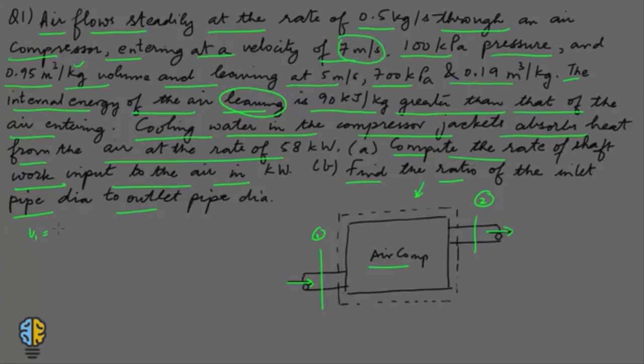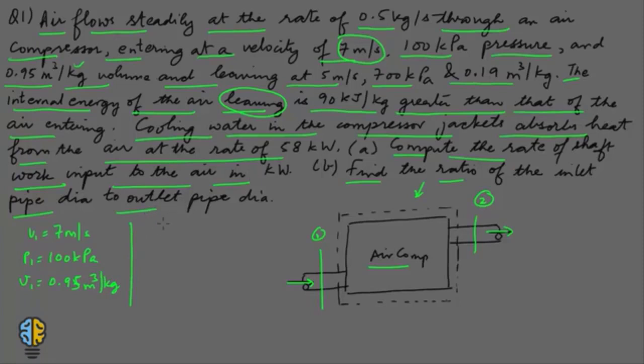It is entering, so this is 7 meters per second. The pressure at section 1 is how much? 100 kPa. The specific volume, that is small v1, is 0.95 meter cube per kg. Okay, so this is the given data for section 1.